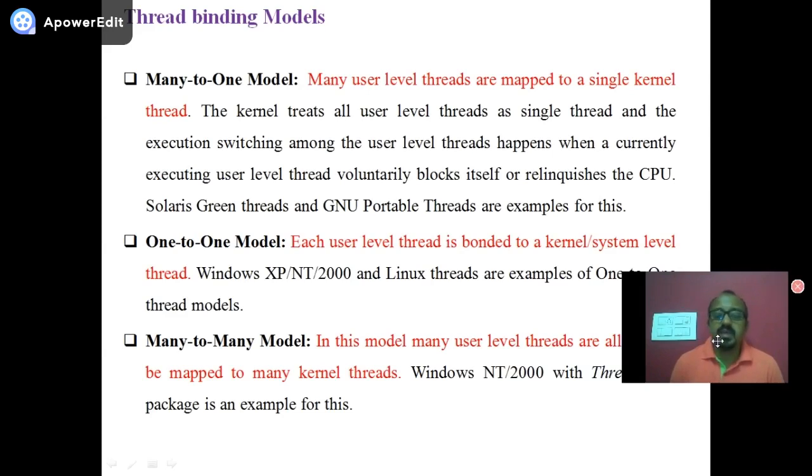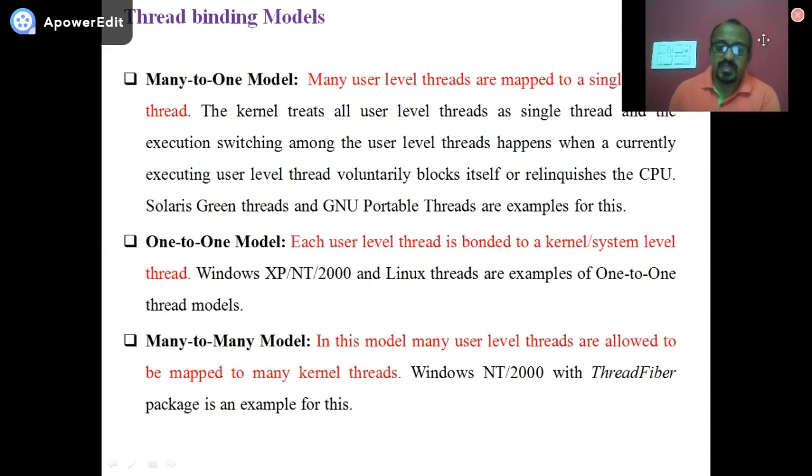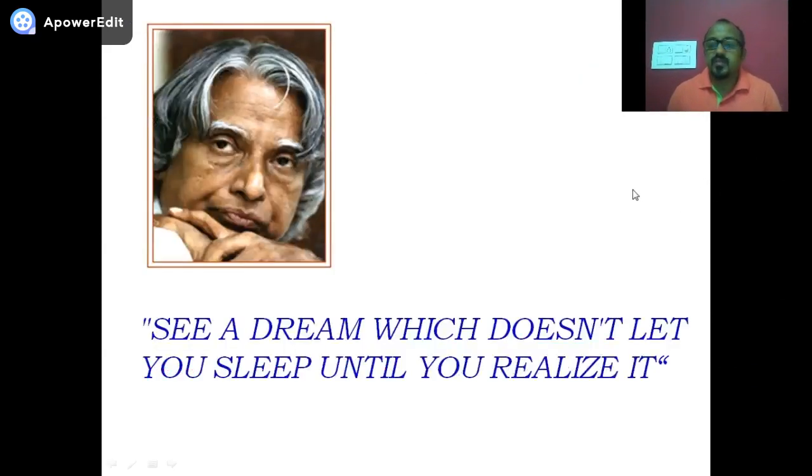One to one model means each user level thread is bound to a kernel thread. In the many to many model, many user level threads are allowed to be mapped to many kernel threads. These are the examples they have given on screen, so you will get a good knowledge of this, right?